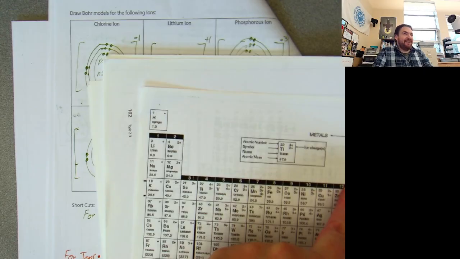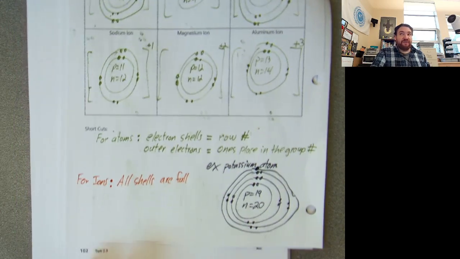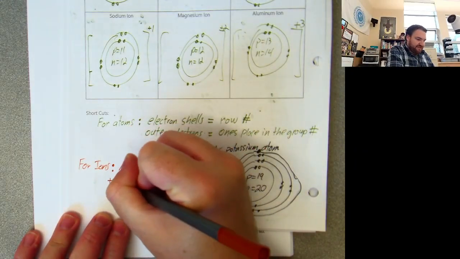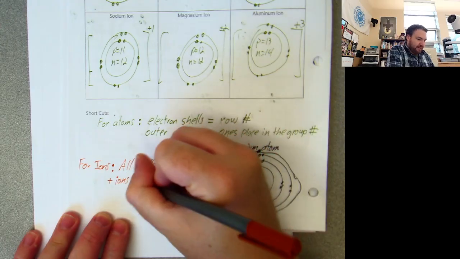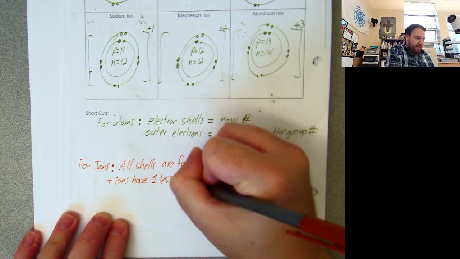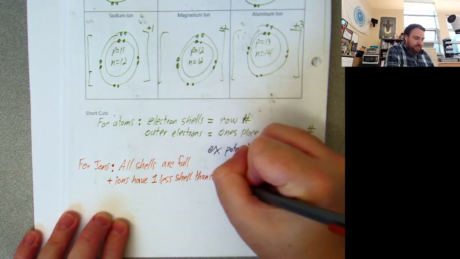So the ion shortcut is a little bit more involved. For ions, all shells are full, and positive ions have 1 less shell than row number.